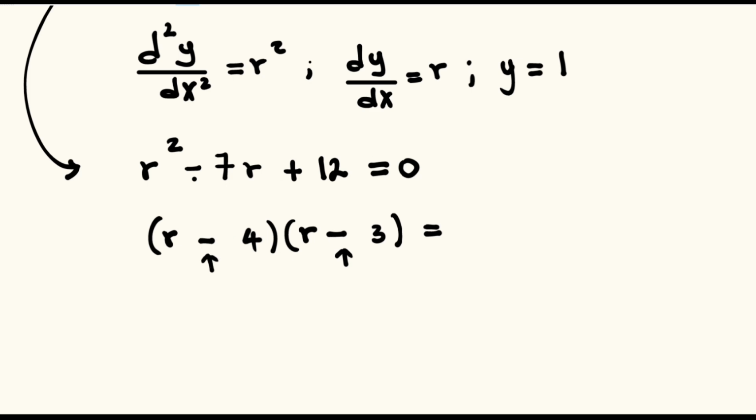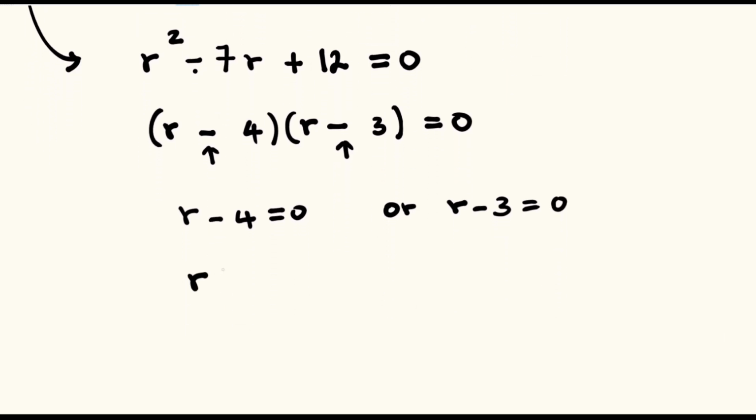So we have negative multiplied by that negative, which will be equal to the positive. So r minus 4 will be equal to 0, or r minus 3 will be equal to 0. So r will be equal to 4, or r will be equal to 3.